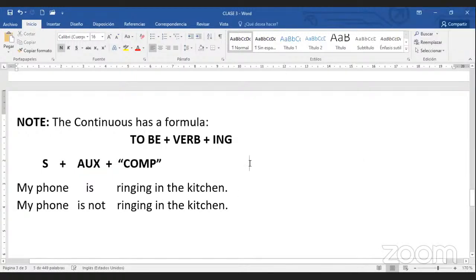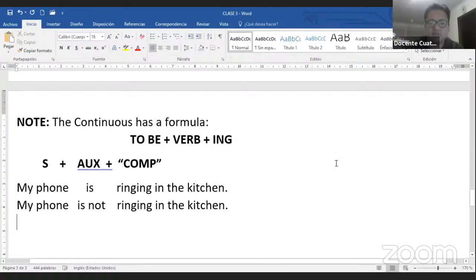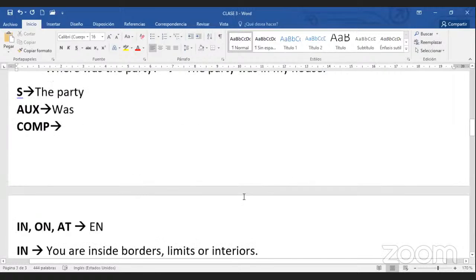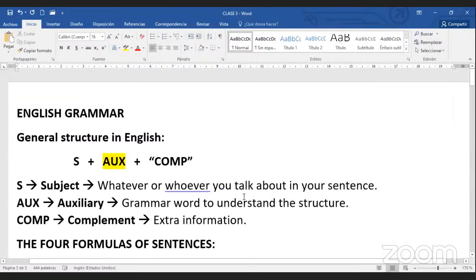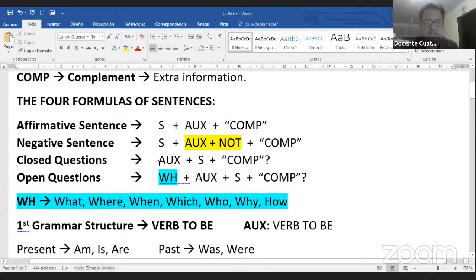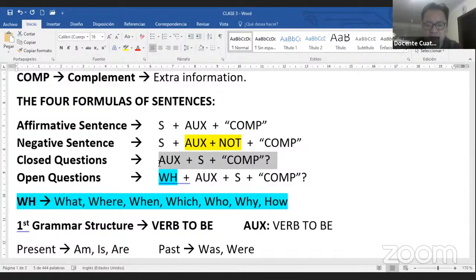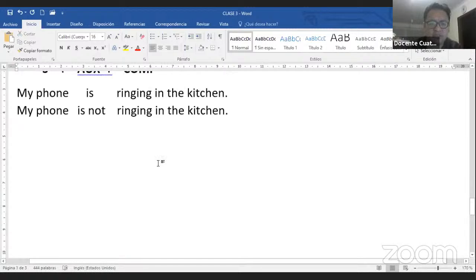Closed question. Wait. Do you want to skip the formula or do you have it? Yes, please, for the formula. Okay. Closed question. Here it is. Which is the formula? Auxiliary, subject, and complement. So let's go on to it.